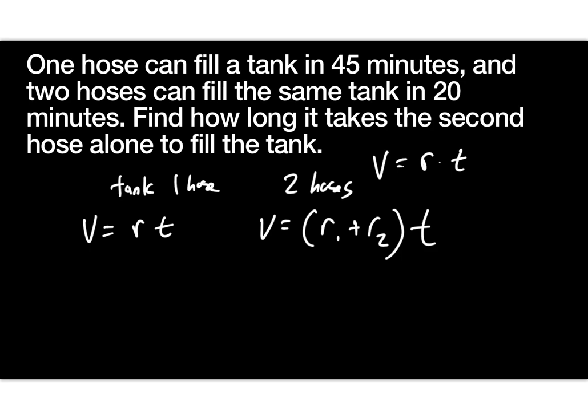Just bear with me for a second. So I've got 2 hoses. They have, as far as I can tell, different rates. But we know that the first tank with the 1 hose took how long? So rate times 45.